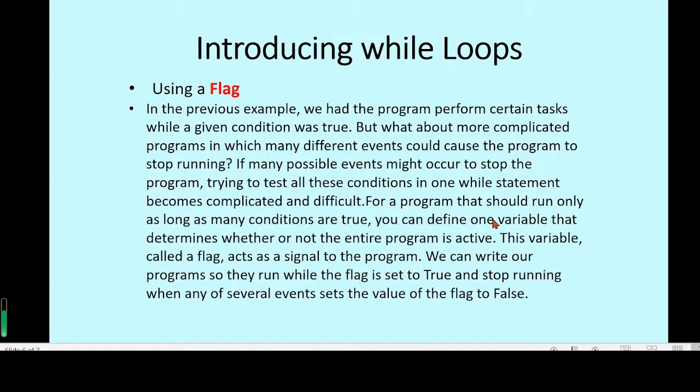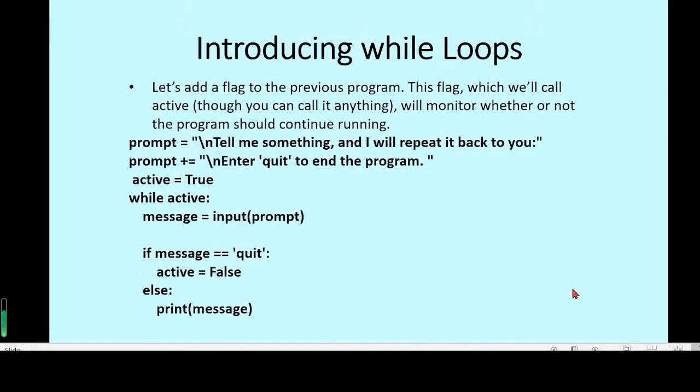So for programs that should run only as long as many conditions are true, you can define one variable that determines whether or not the entire program is active. This variable, called a flag, acts as a signal to the program. We can write our programs so they run while the flag is set to true, and stop running when any of several events sets the value of the flag to false.